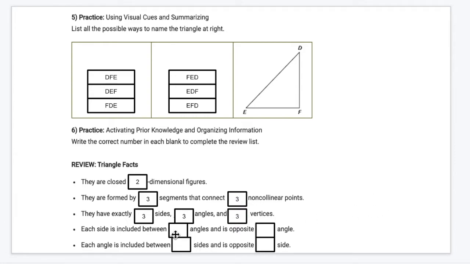And each side is included between 2 angles and is opposite 1 angle, just like we talked about in question 4, right? And each angle is between 2 sides and is opposite 1 side, right? And so these last 2 facts we covered in question 4, so you can review that too if you need a visual aid for that.